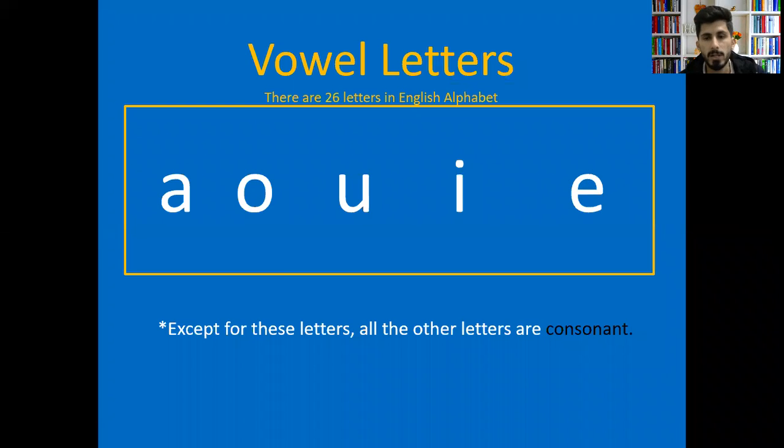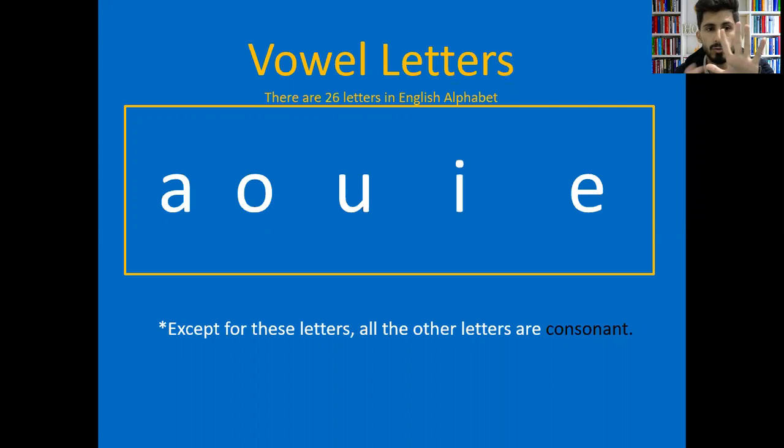So look, here we have vowel letters. Let me tell you first that in the English alphabet, we've got 26 letters. 21 of them are consonants, and only 5 of them are vowels.